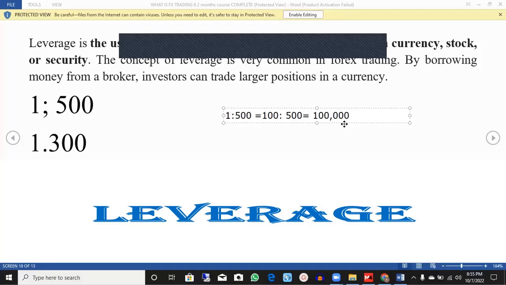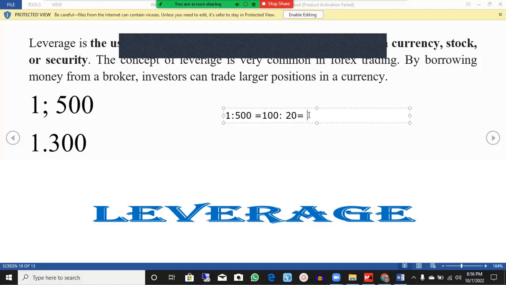But the beauty when you maintain a good leverage is, for example, you have $100 and you're using, let's say, 1:20. I'm giving you an example now. So it simply means you are timesing your 100 by 20.